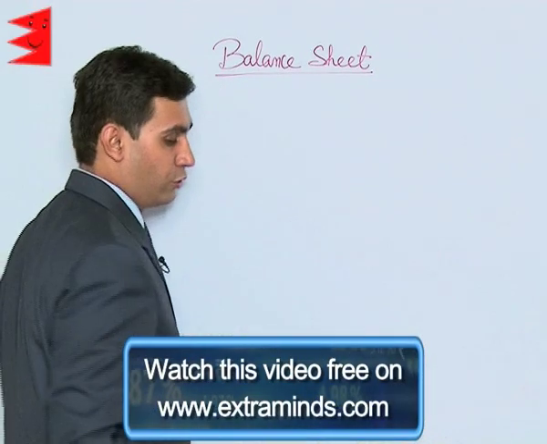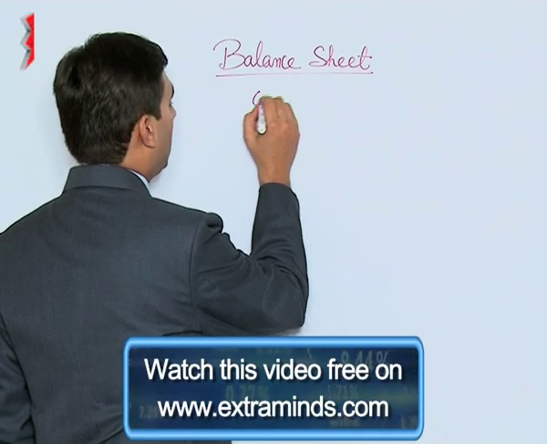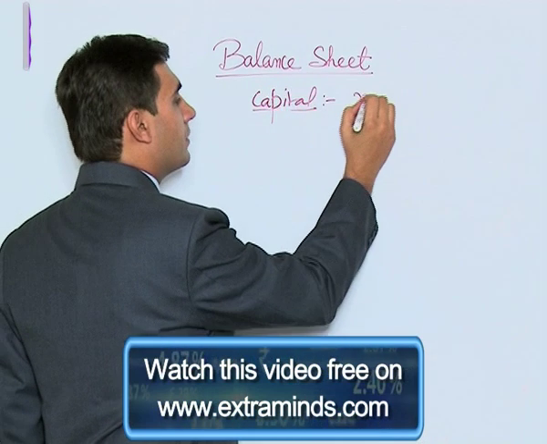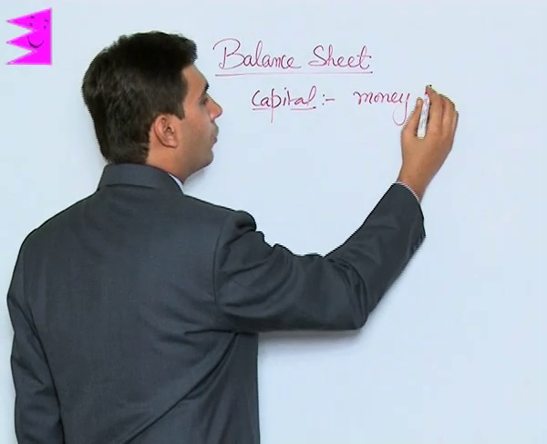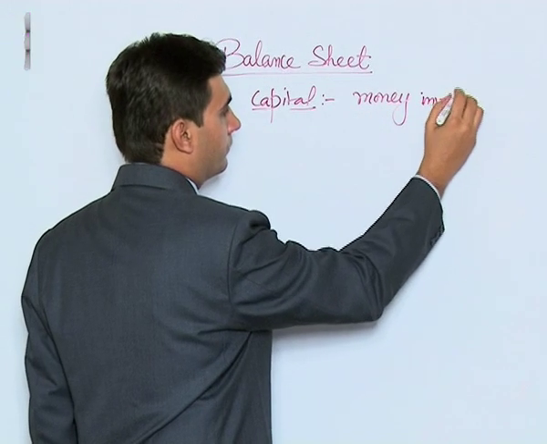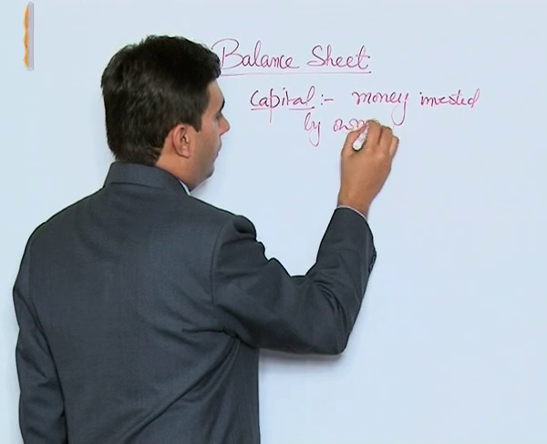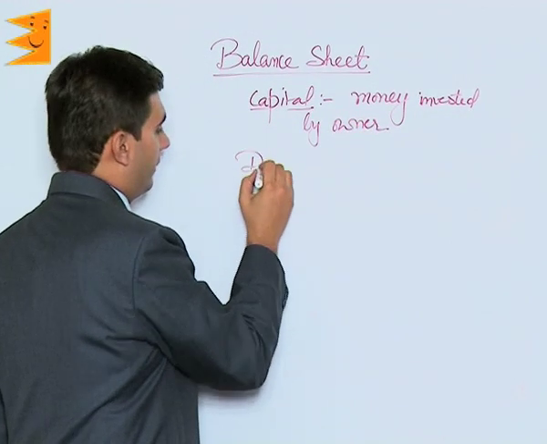and drawings also. So then we can have capital, that is money invested by owner. Then we can have drawings.